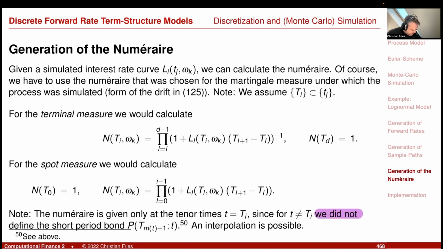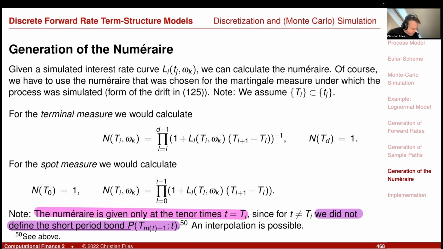If we do not define the short period bond, then I have my numeraire only at times little t equal ti.